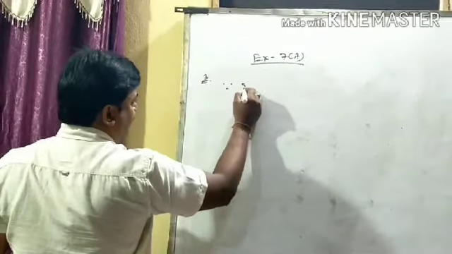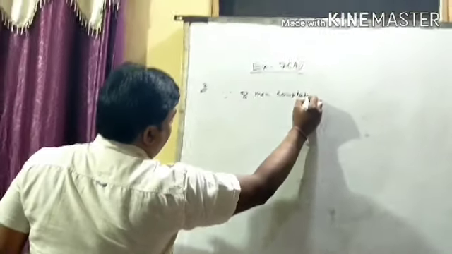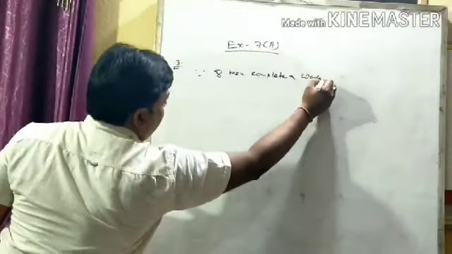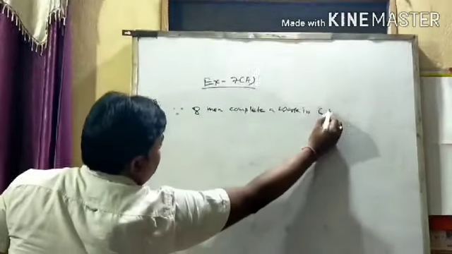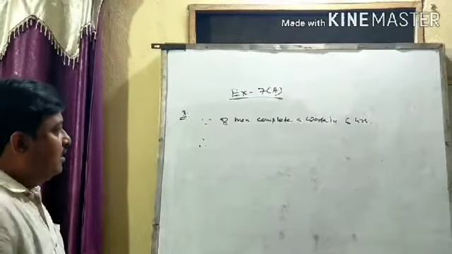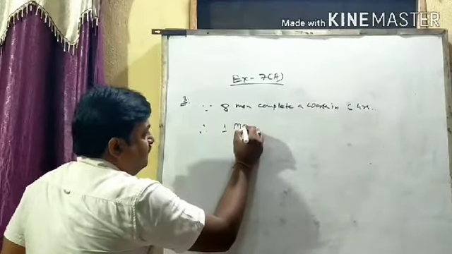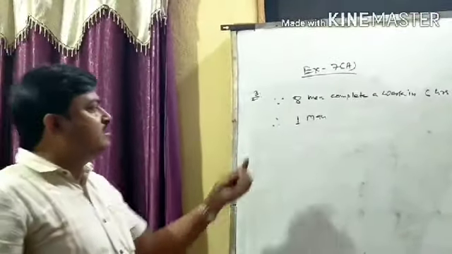Since 8 men complete a work in 6 hours, therefore, one man. The unitary method is the method to find the value of the unit quantity, meaning one man.